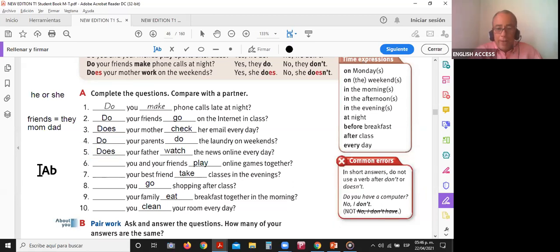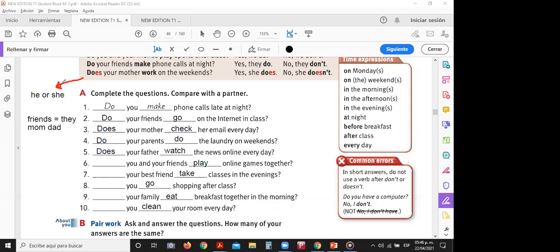Okay. Please try to do 6, 7, 8, 9, and 10 by yourselves. Do it alone. I give you 2 minutes. Do or does. Remember, we are going to use does for he or she. For the others, do. For singular, she, does.